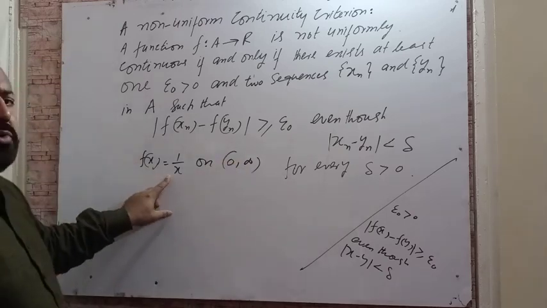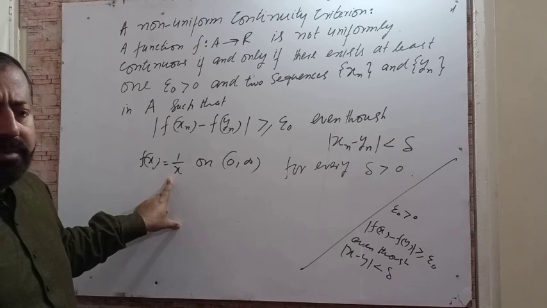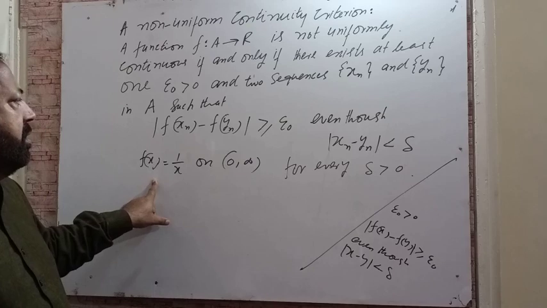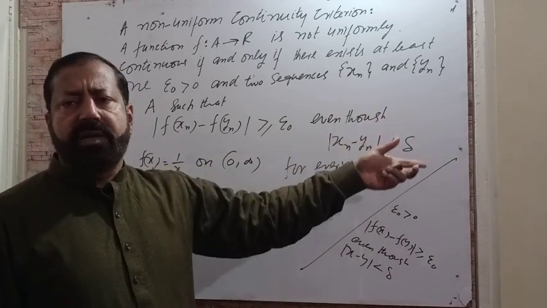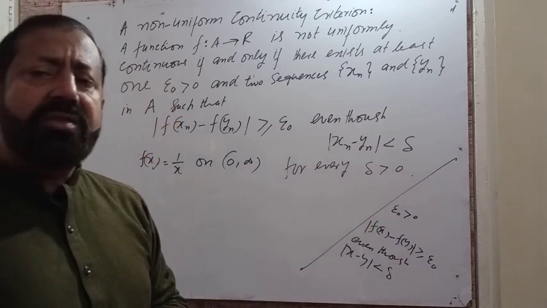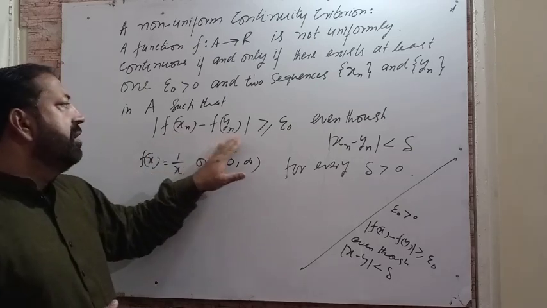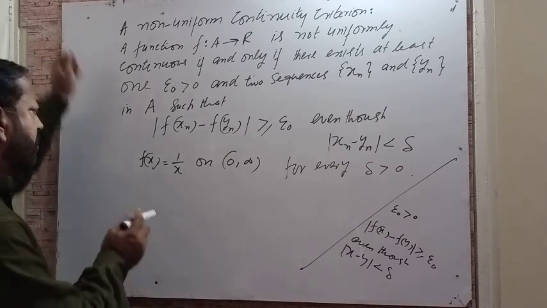You have to choose some epsilon naught and two sequences x_n and y_n such that |x_n minus y_n| is less than delta for every positive delta, but |f(x_n) minus f(y_n)| is greater than or equal to epsilon naught.